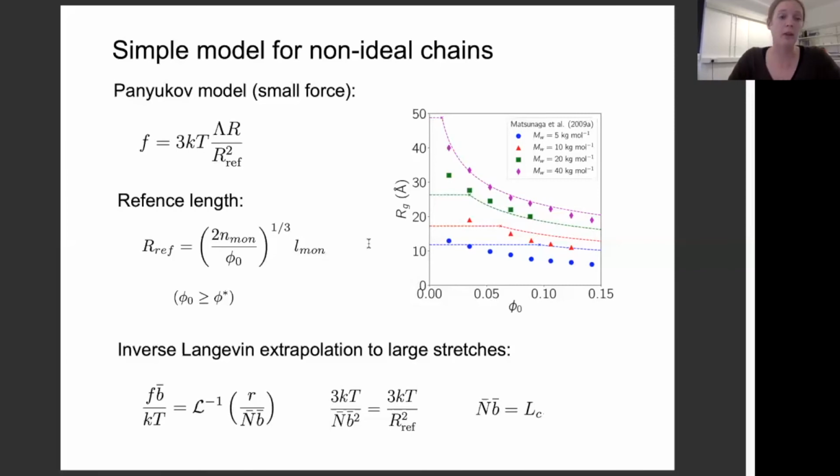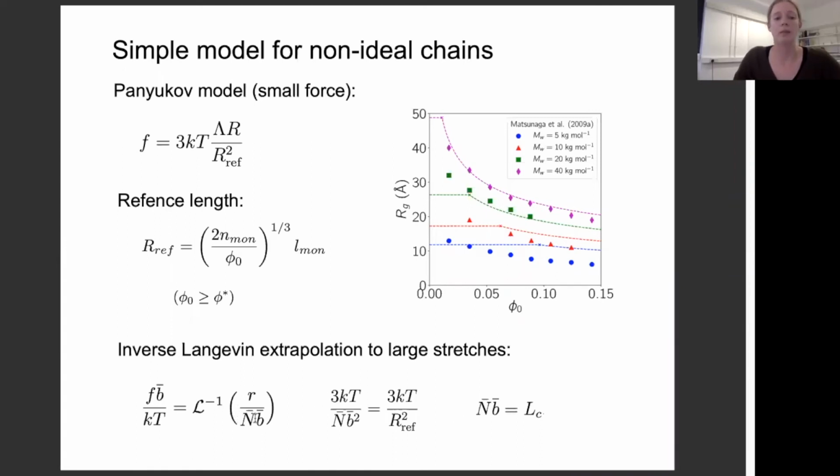Now, because this is only valid for the small deformation regime, we have also extended it to the large deformation regime by still adopting the inverse Langevin expression, but just for extrapolation purposes. So we adjust the parameters in the inverse Langevin function such that at small forces you recover the linear relationship here, but at large forces you reach the right contour length.